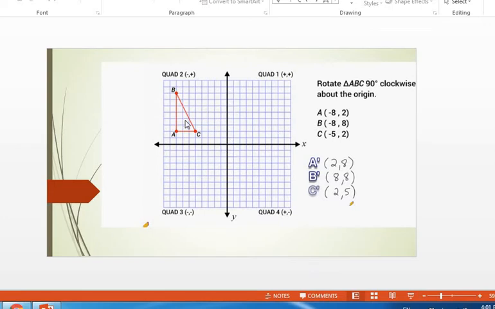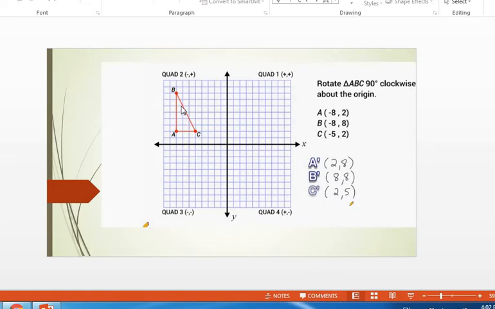So when this triangle moves across the Y-axis to quadrant 1, don't forget to change all the signs to be positive. So we are going to change all signs here to be positive. And don't forget to do something very important.